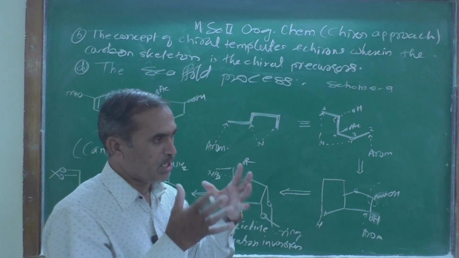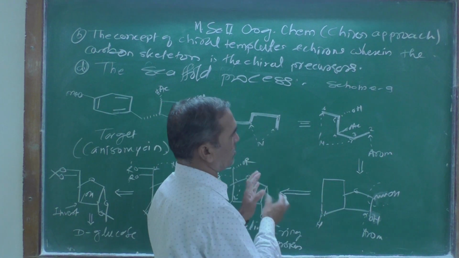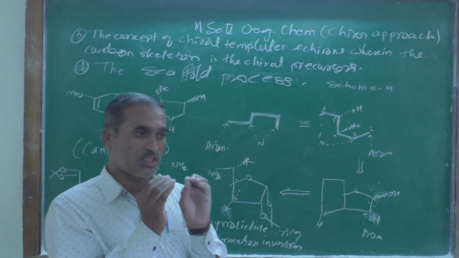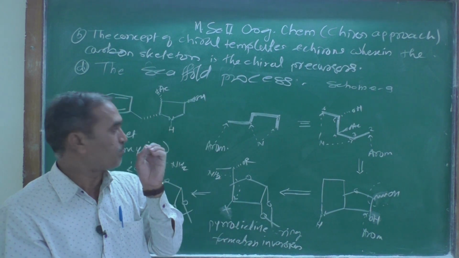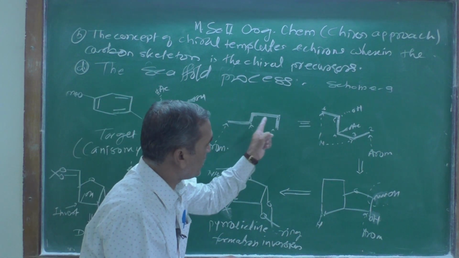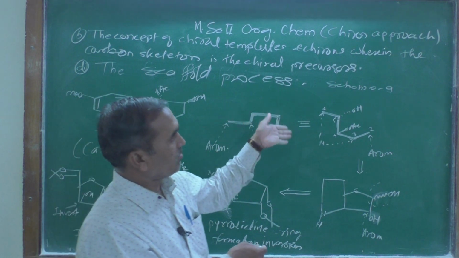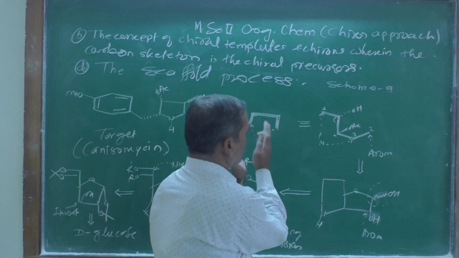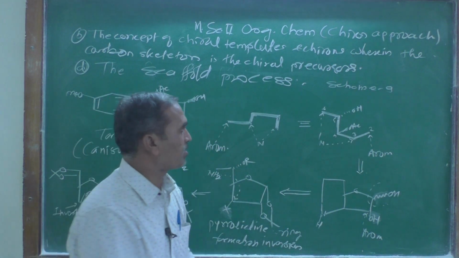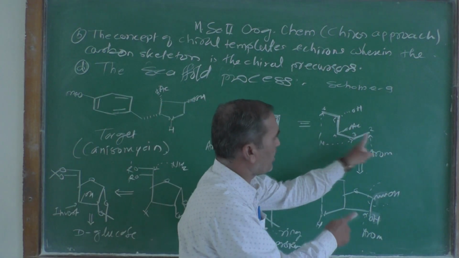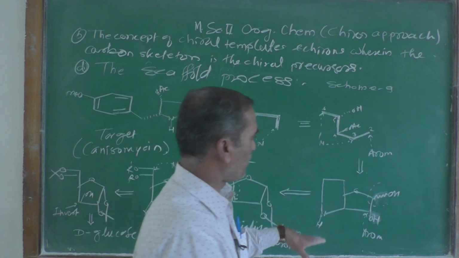The retrosynthesis we are using here is the Chiron approach, so this skeleton is shown here, and these three lines clearly indicate that they are equivalent, and that is why we are getting this type of aromatic compound.